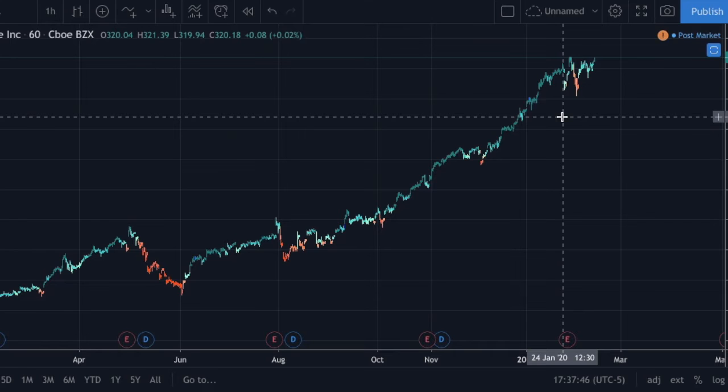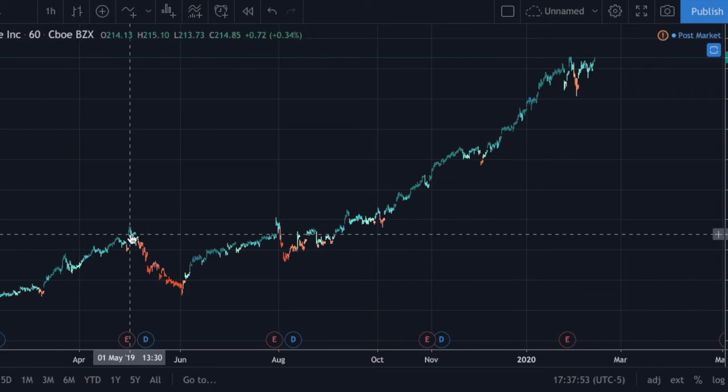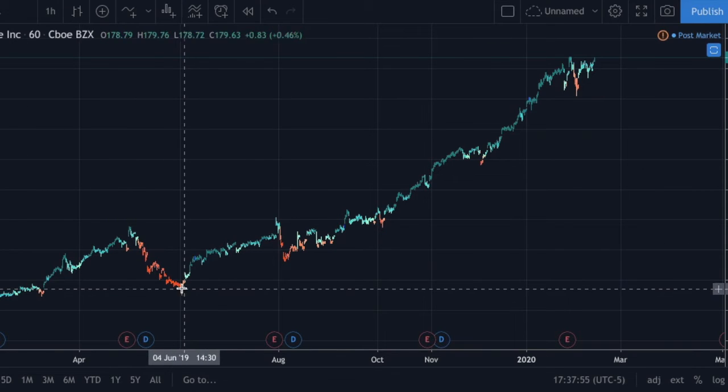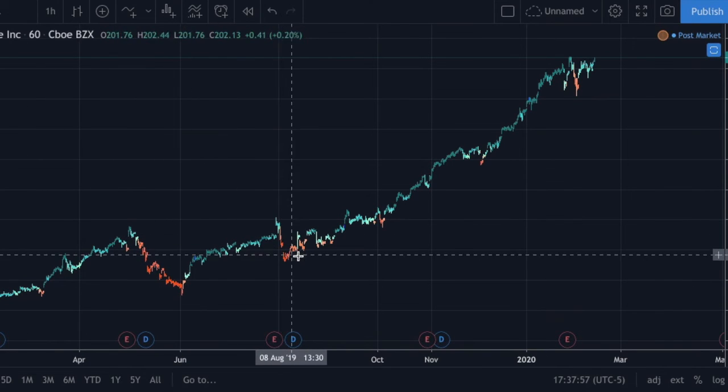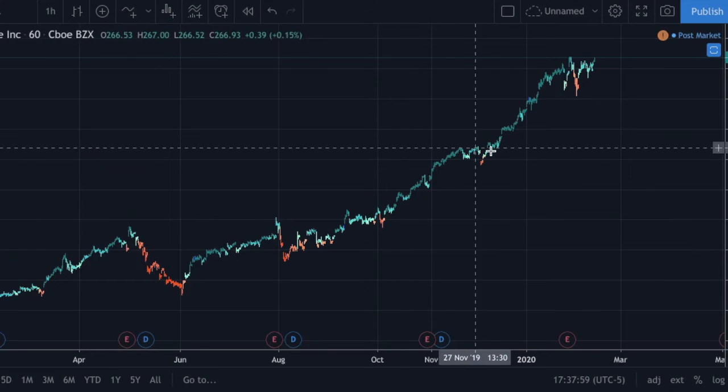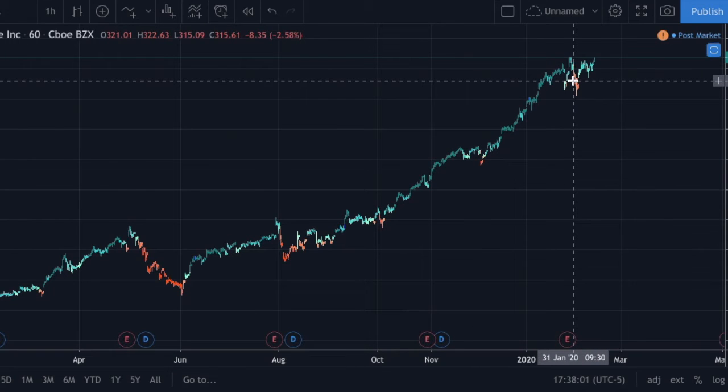So even though there are some losses in this, you would have made a profit because you would have gone into this trade, into that long, into that short, into this long, into this trade, into this trade, and this trade. So you would have definitely made more than you would have lost.